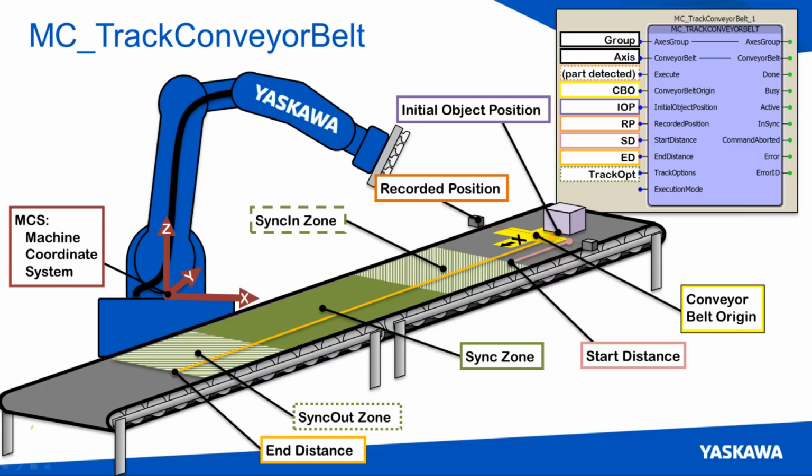So that covers everything in the MC track conveyor belt except for that bottom input, which is the execution mode, and we are going to talk about the execution mode in this discussion, but not on this slide. So these are the inputs to the MC track conveyor belt function block.